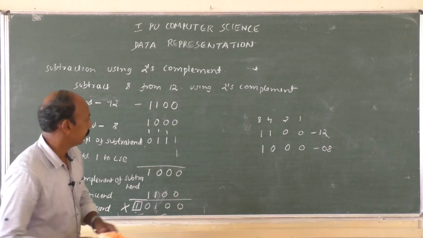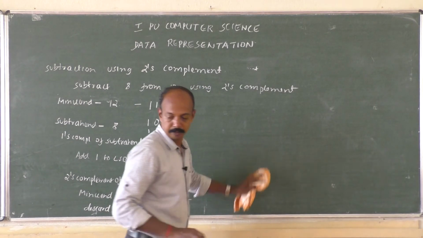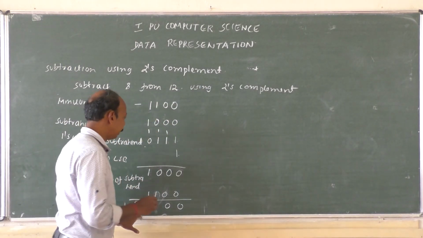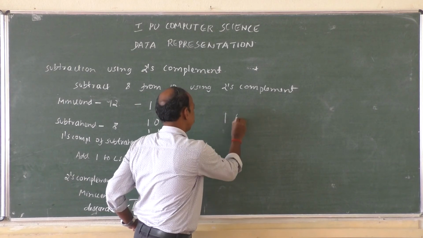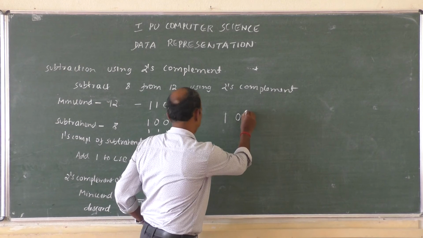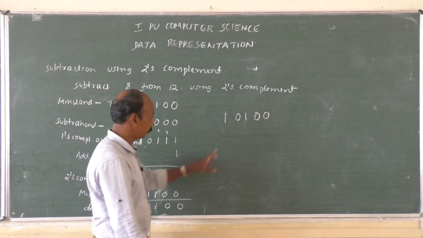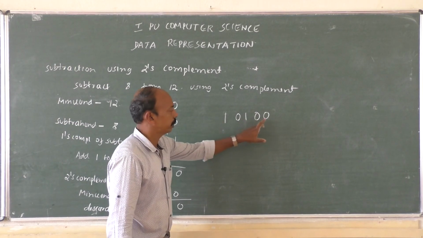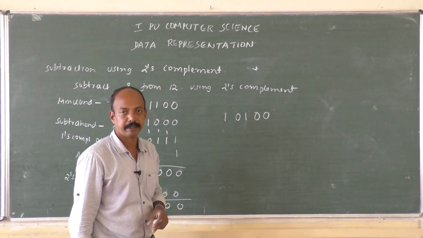I will write it once again here. So the answer that we got was 1 0 1 0 0, after which 0 1 0 0 was the sum bit and 1 was the carry bit.